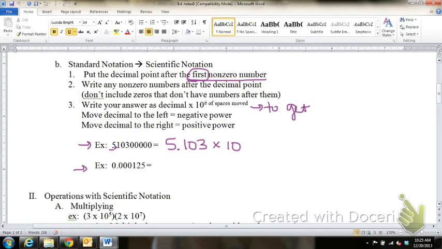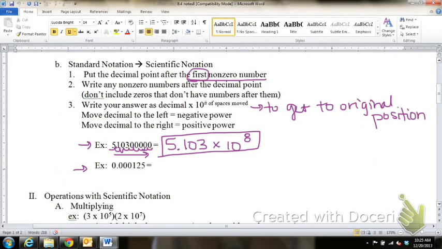It's the number of spaces moved to get to the original position. The original position for me is all the way at the end of this number. So I'm going to go 1, 2, 3, 4, 5, 6, 7, 8 spaces, and I moved to the right to get back to my original position, so it's a positive 8.